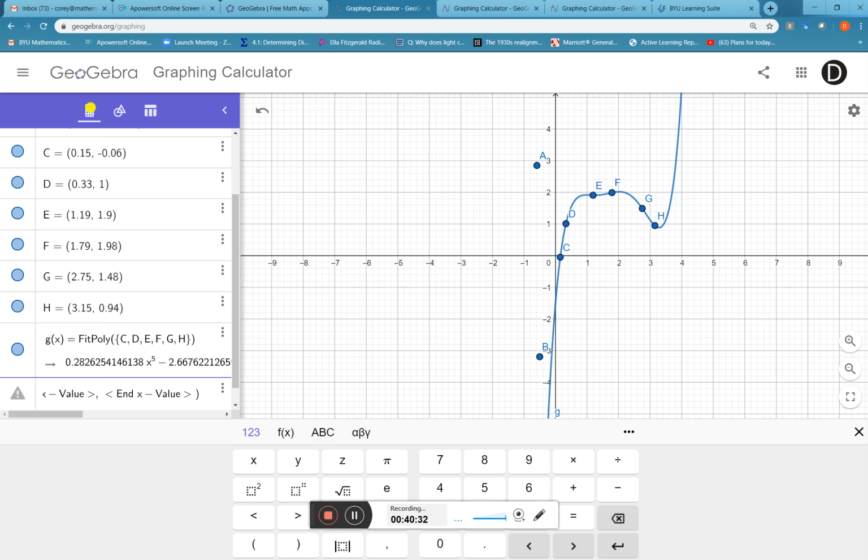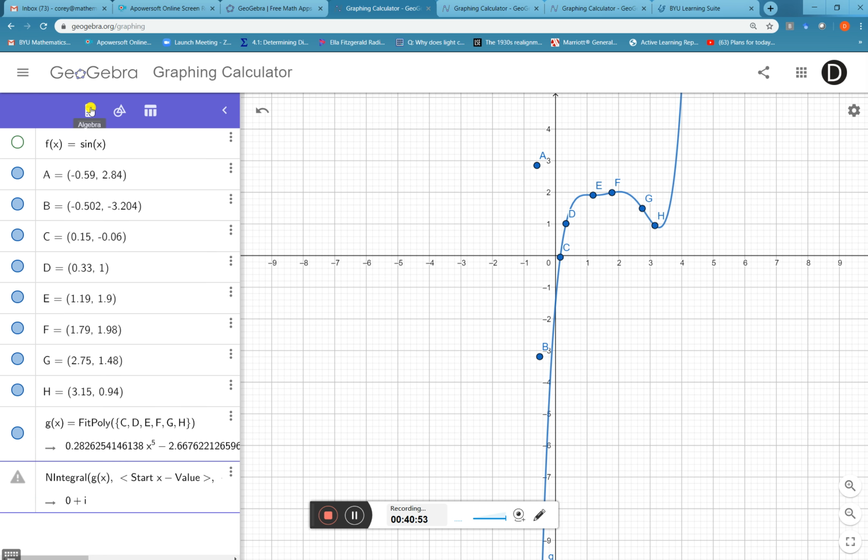My function is just g of x. Well, it's actually not g of x. G of x is just my radius, the height from the axis up, and I need to square it and multiply by pi to get my... what is wrong with this thing?